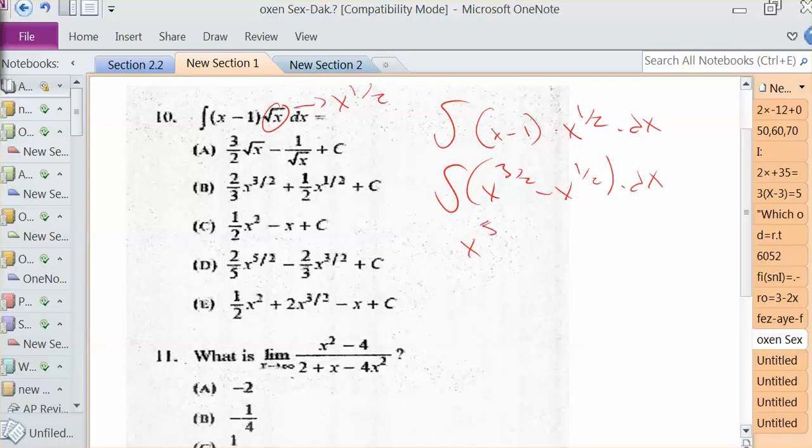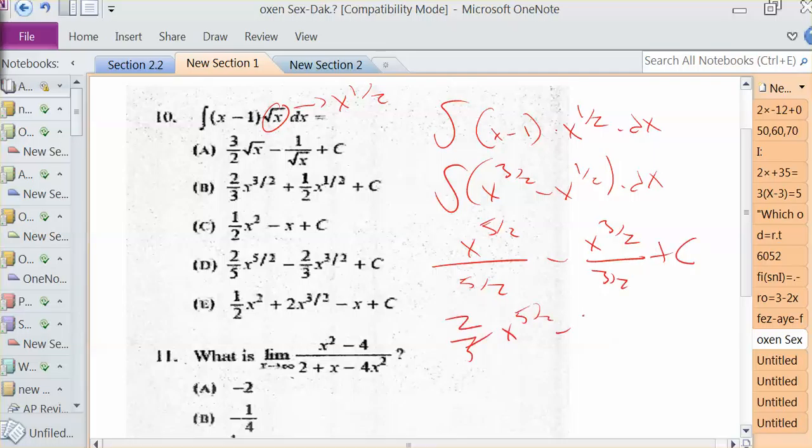You increase the exponent by 1 and divide by the new exponent. Remember, this is how we anti-derive. Don't forget your plus c. So it's 2/5 x to the 5/2 minus 2/3 x to the 3/2 plus c. So we got D as in dog.